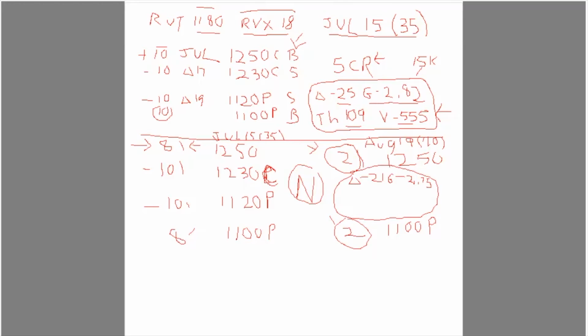Pretty close. The theta will be 103, come down a little bit. But the Vega, instead of minus 555, will be minus 250. So our Vega is going to be reduced by 55%.